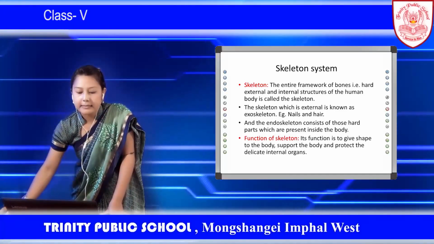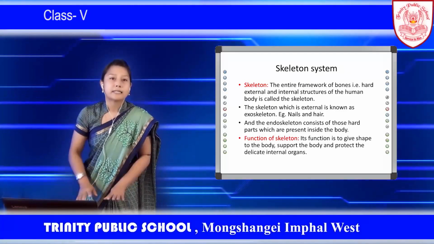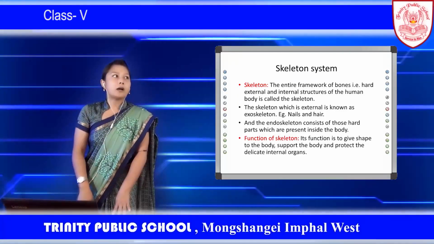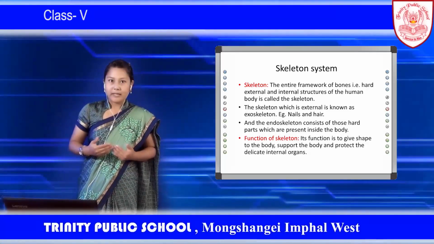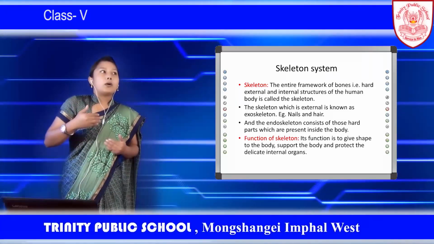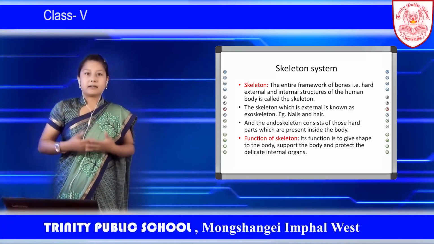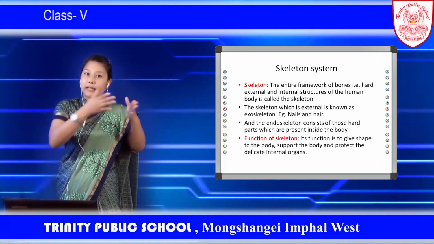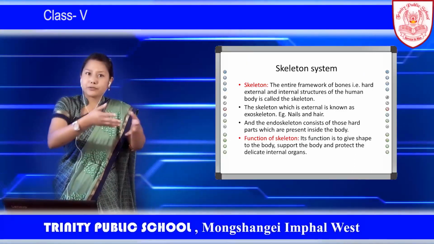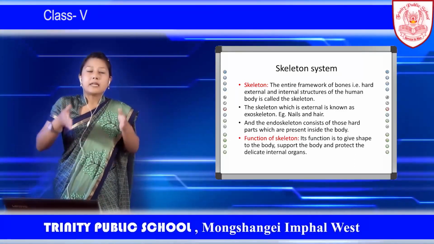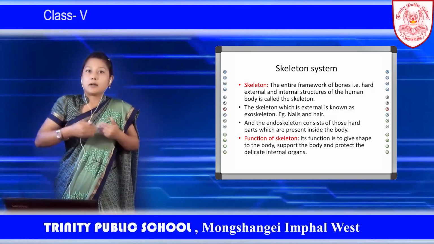So, next let's come to the function of skeleton. We all have a hanger at our home, isn't it? What is the importance of the hanger? We put a dress on a hanger, isn't it? What does a hanger give to your dress? A hanger gives shape to the dress and supports the dress.